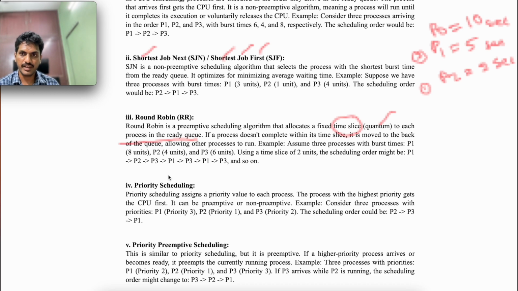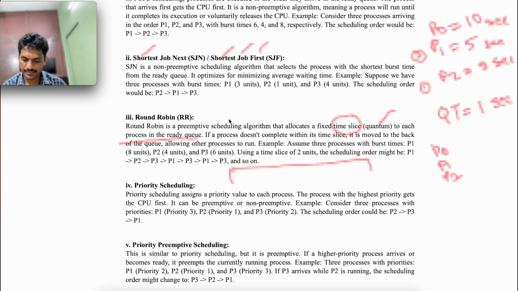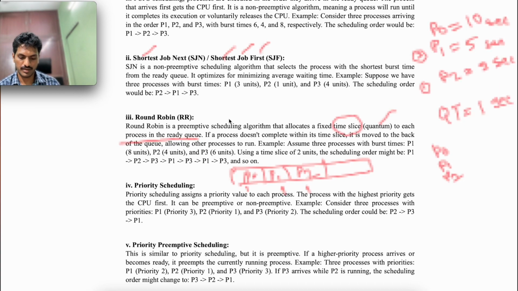Suppose the time quantum is 1 second, and P0, P1 and P2 are there.